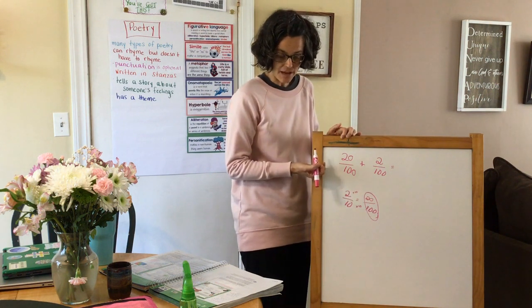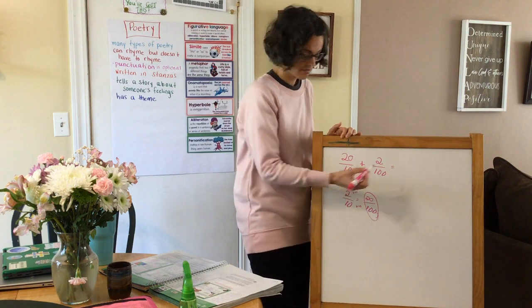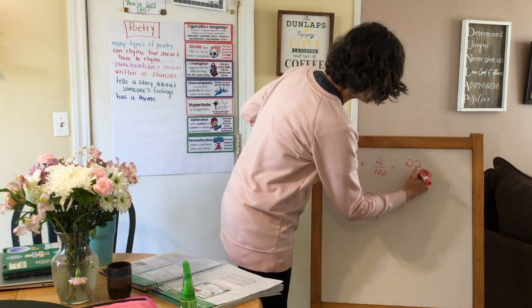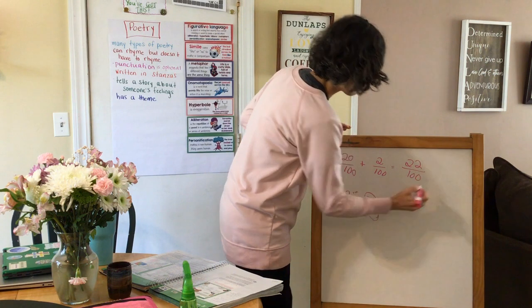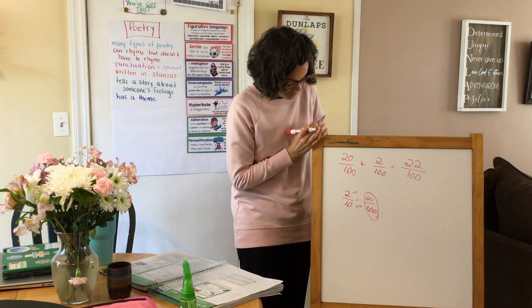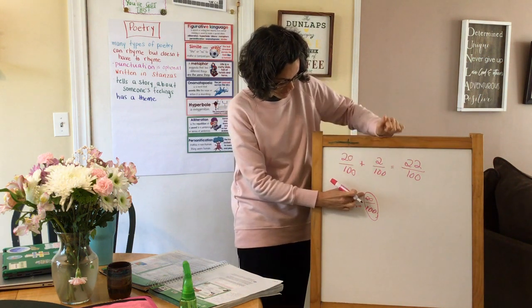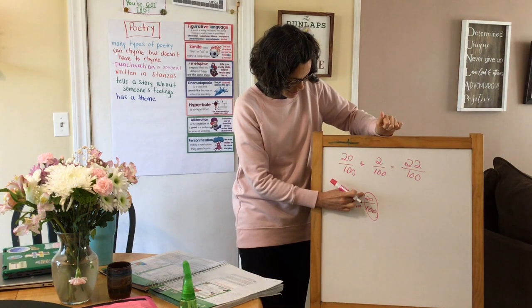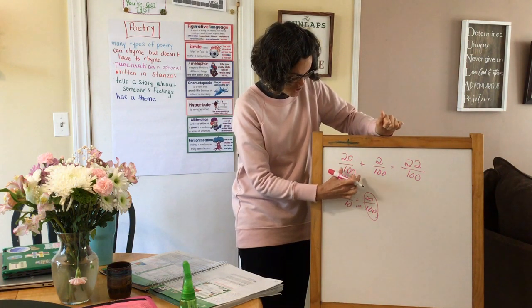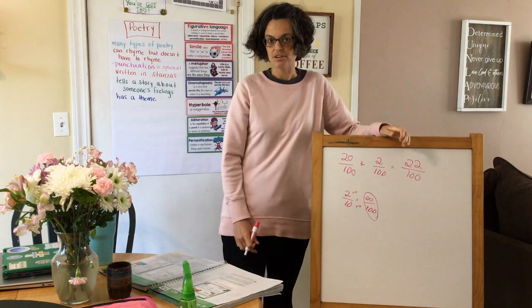Now I can add them. 20 hundredths plus 2 hundredths is 22 hundredths. Okay, so all you did was take your original 2 tenths, get an equivalent fraction of 20 hundredths, and then add 20 hundredths plus 2 hundredths equals 22 hundredths.